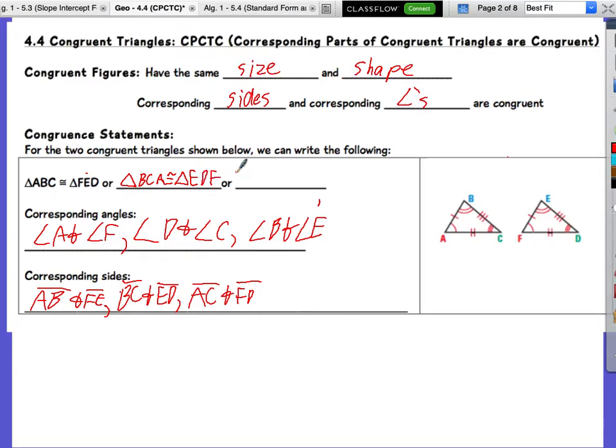If we put the second letter first, B, and the second letter first, E, same thing. If the first letter is the third letter, the first letter is the third letter. So we have to make sure they correspond. B does correspond with E, C corresponds with D, and A corresponds with F, to match them up. Okay?